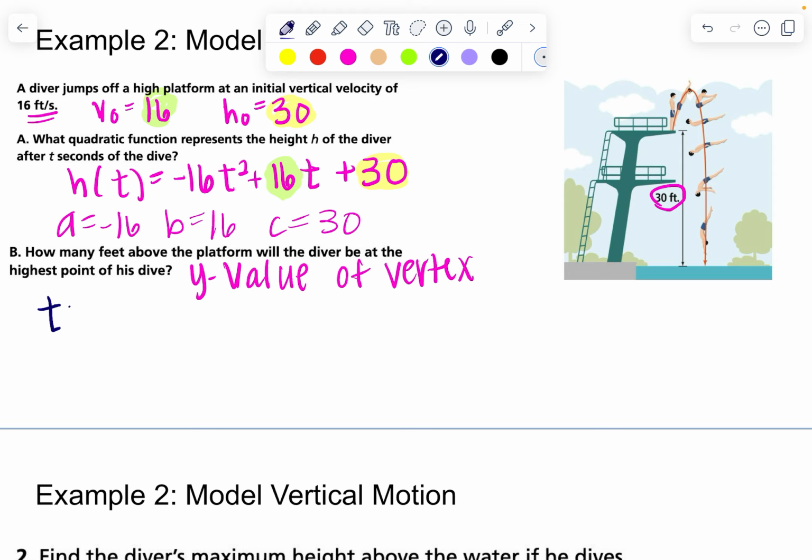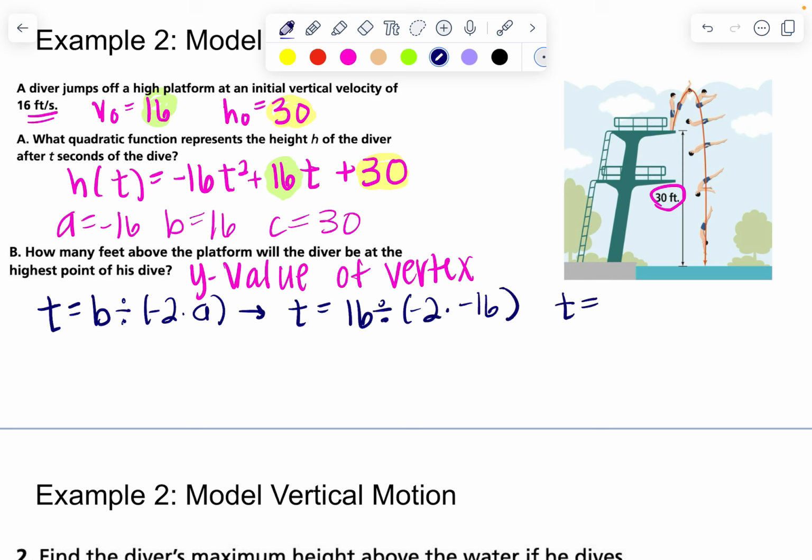So if we find our time first, normally we would say x equals b divided by negative 2a. Here it's our time, b divided by negative 2 times a. So plugging this in, t equals 16 divided by negative 2 times negative 16, which means our time is 0.5.